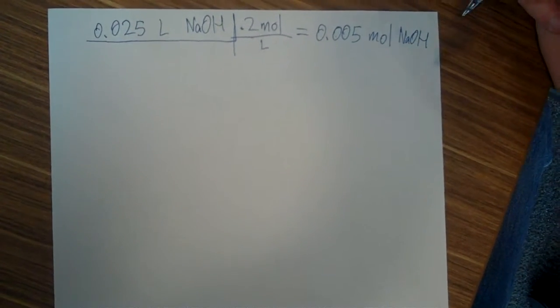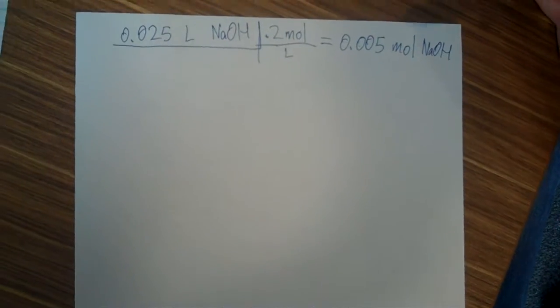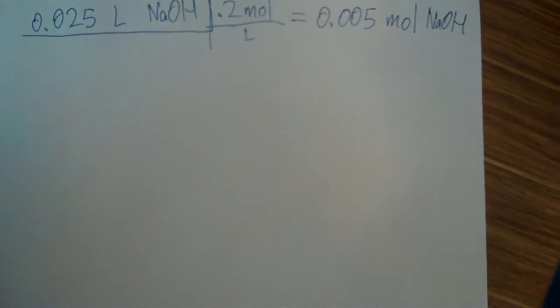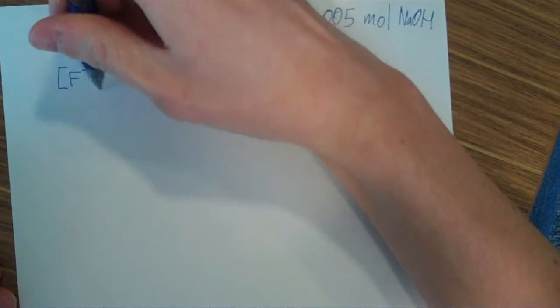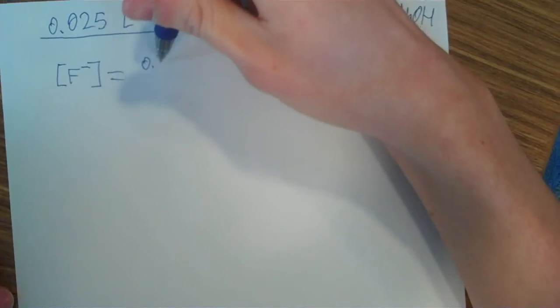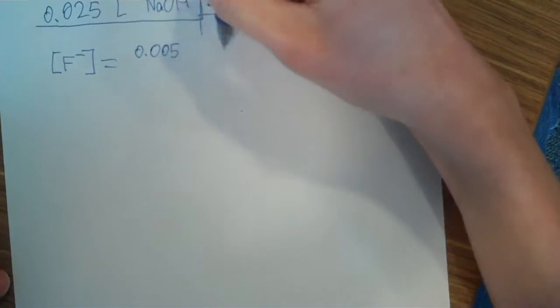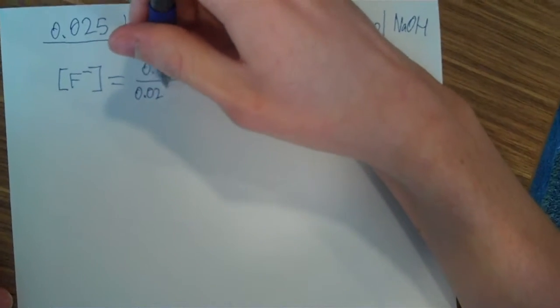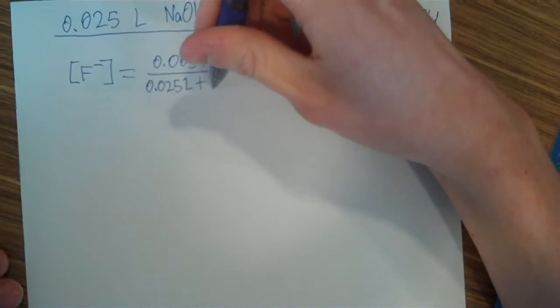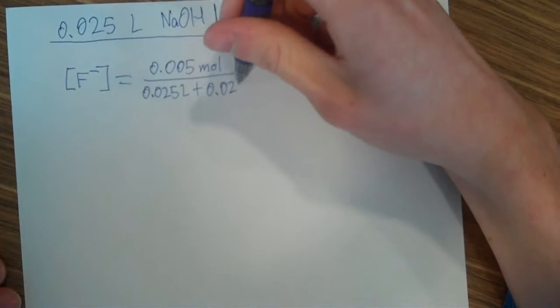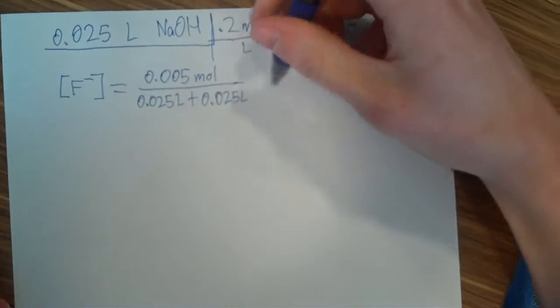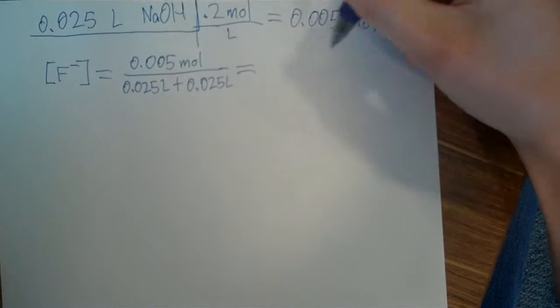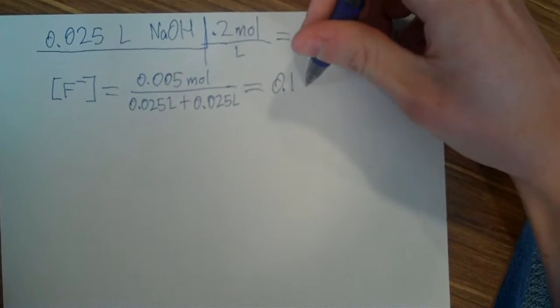Now we know that all of this should be converted to our F minus, which is our base, during the reaction. So we can say that the concentration of F minus equals 0.005 moles over the total volume of the solution, which is 0.025 liters plus the initial 0.025 liters. And you calculate that, which should be about 0.1 molar.